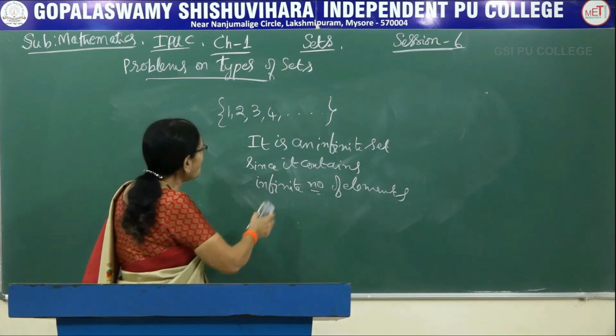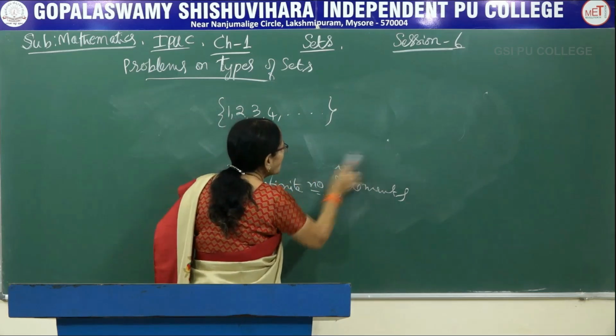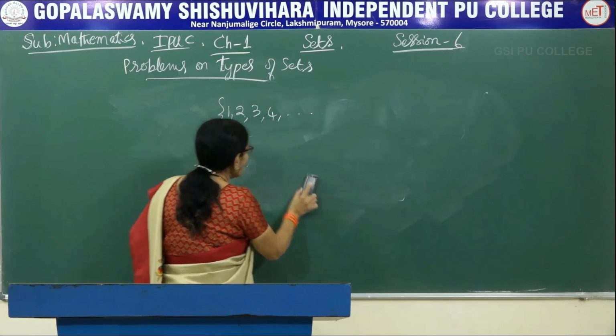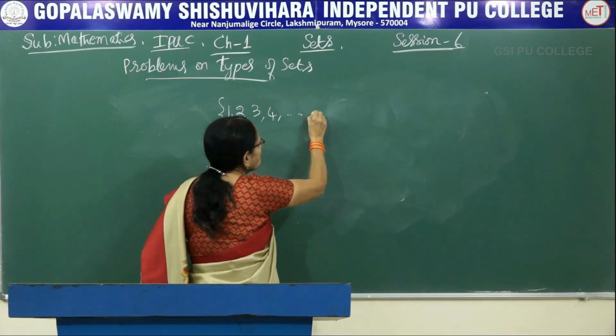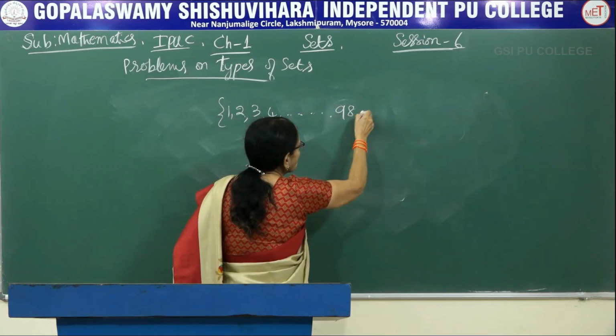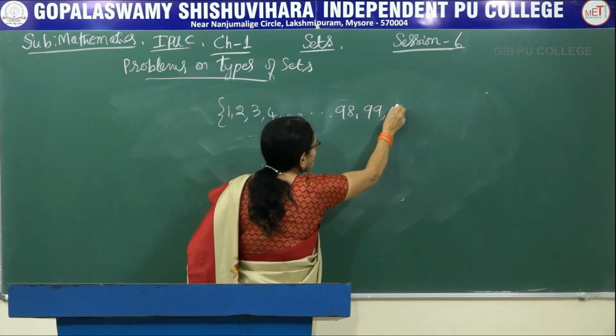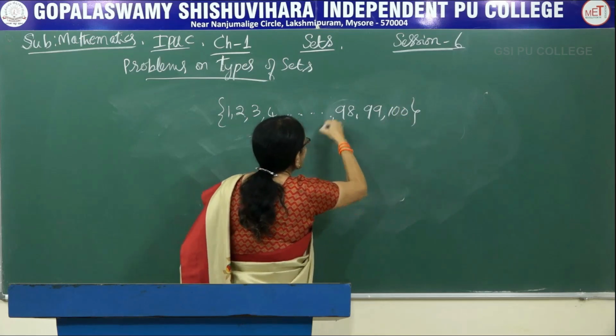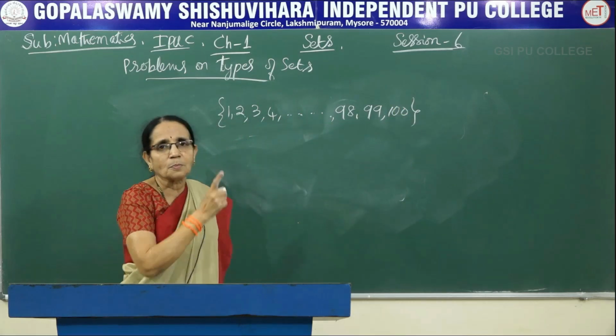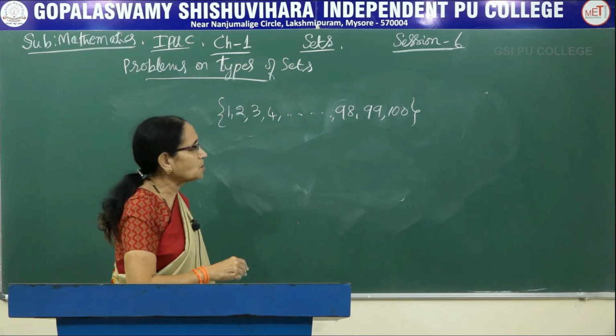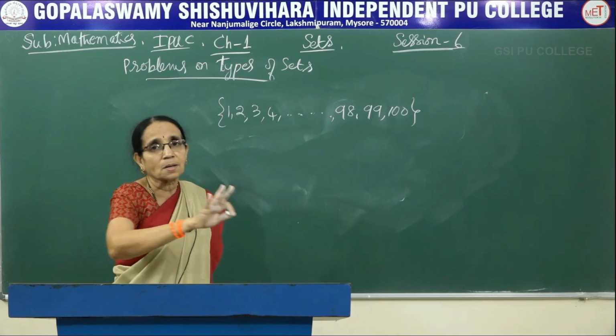Now, by making a small change in this one, I am considering the same set. Now I am putting dashes here, 98, 99, 100. Look at the difference between the previous one and this one. In the previous one, I had put dashes and had not written the last element.